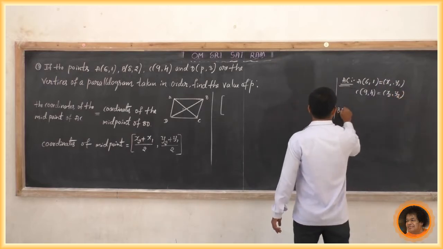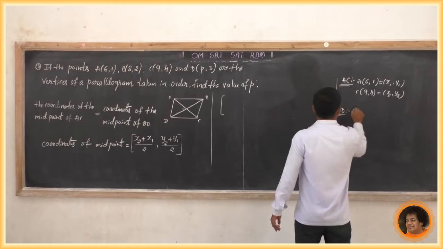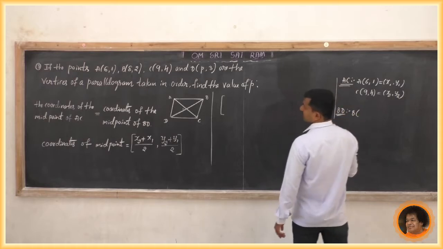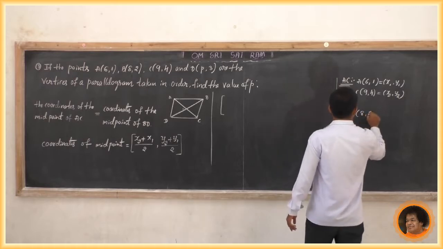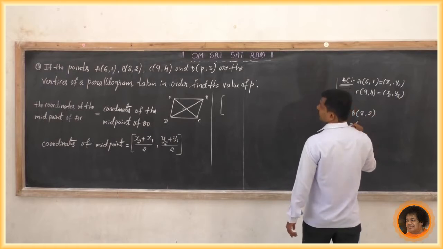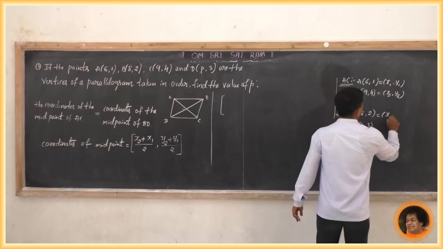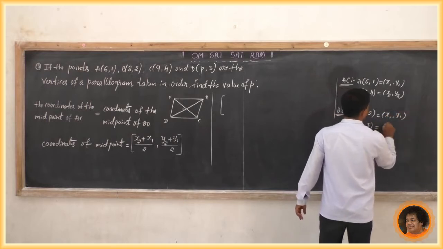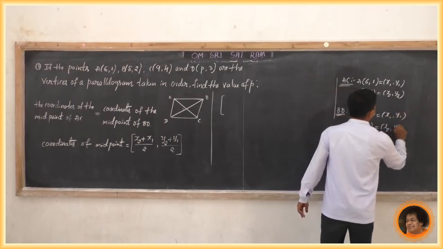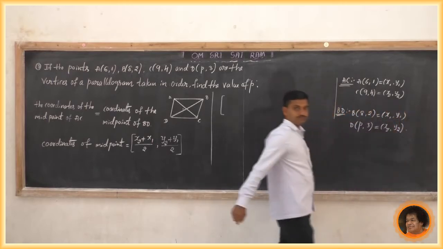And next one is BD. The coordinates of point B are 8, 2 and D is P, 3. So this is x1, y1 and next one x2, y2.